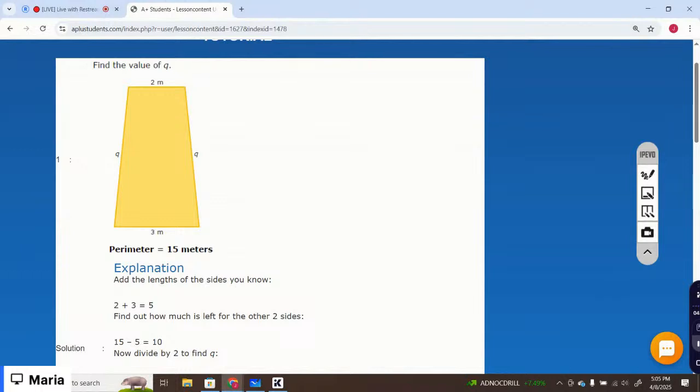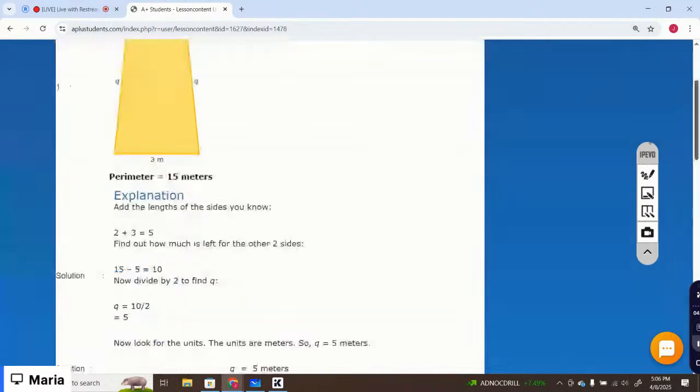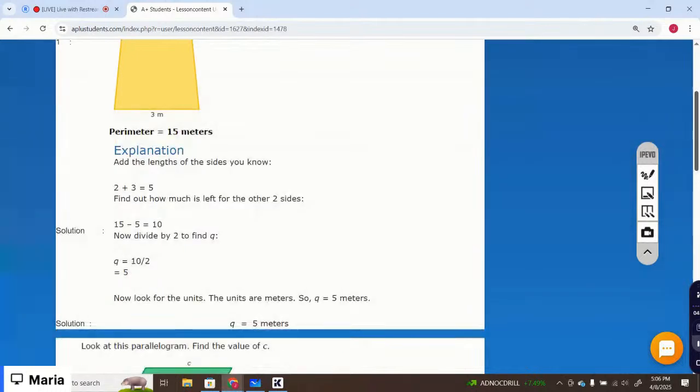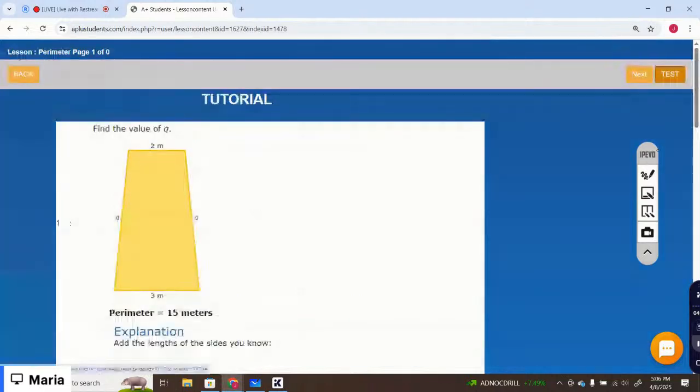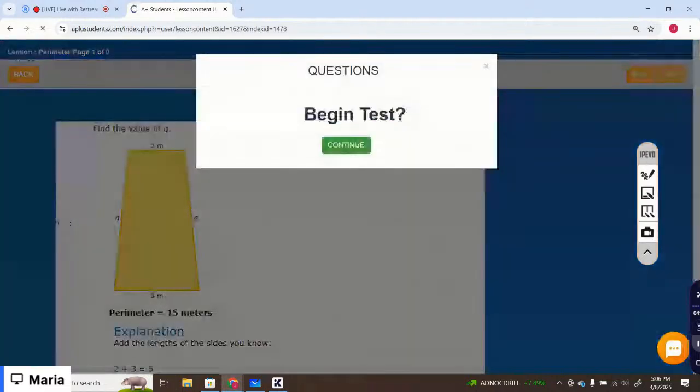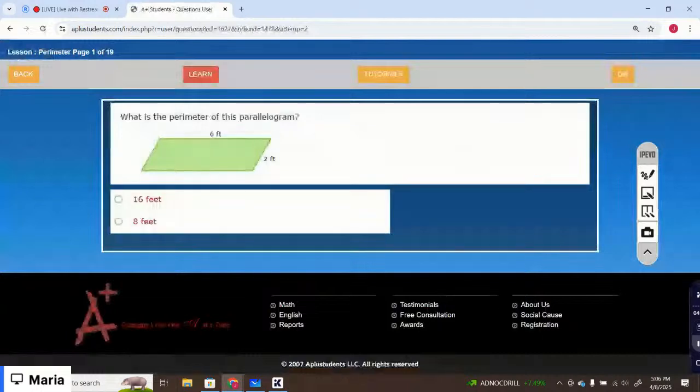So basically, the perimeter equals the sum of all the side lengths. So you have 2 meters, 3 meters, Q, Q, and that equals 15. So Q equals 10 over 2. So Q equals 5.